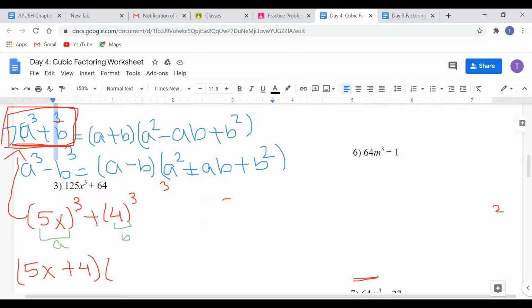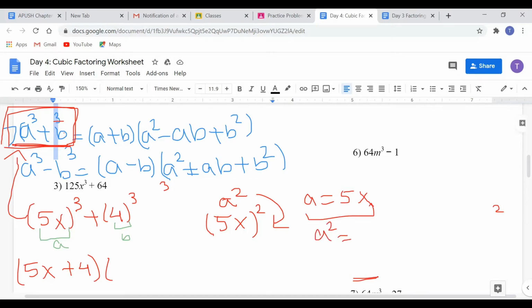I have to square both of them, because 5x was my A. So if A is 5x, A squared should be 5x squared, the whole thing squared.